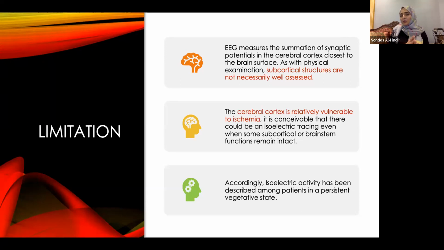This is exactly what I've been trying to explain, that you could have somebody with a complete cortical damage. They would be in a state of coma, and they would be in a persistent vegetative state because their subcortical structures are still functioning, but that doesn't mean that they're going to have a full recovery. Yet again, it doesn't mean that they're brain dead either. So having a flat EEG doesn't always mean that the patient is brain dead.